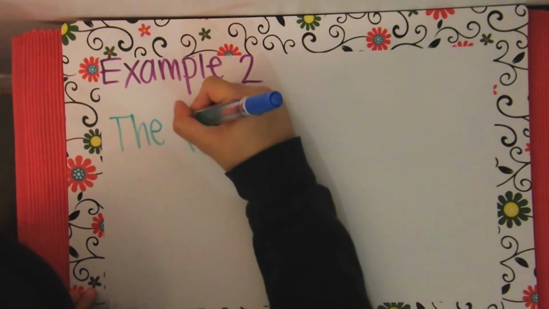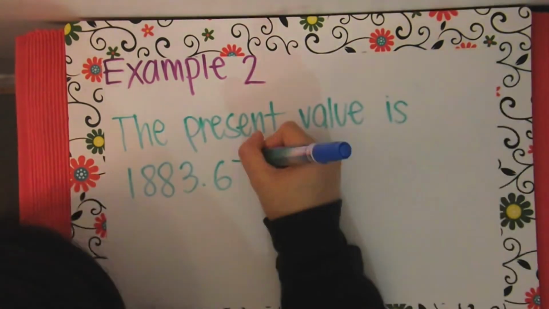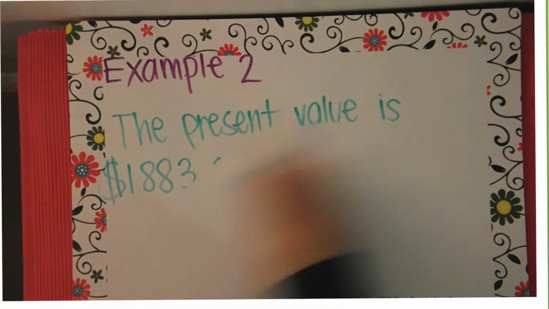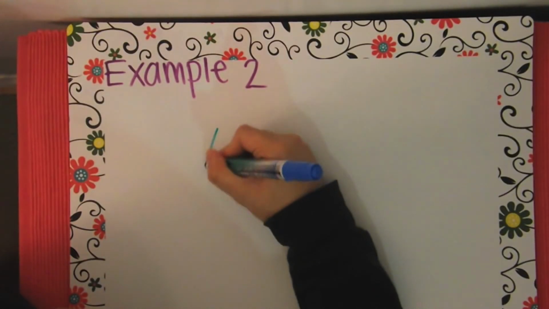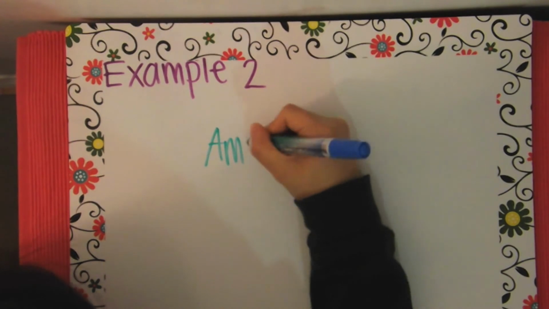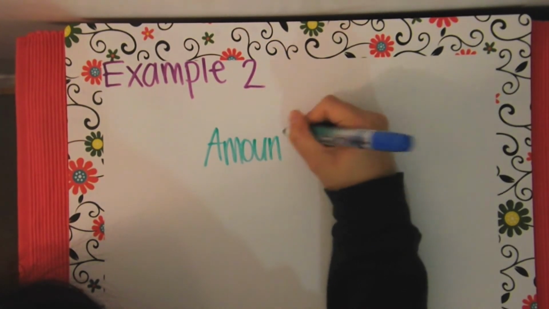The present value is $1,883.67. Now all we need to do is determine the amount of Tony's savings that he needs to keep invested to reach $2,000 in 2 years.